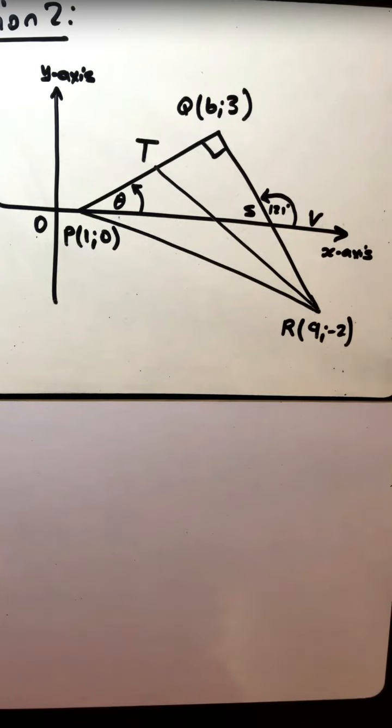So, without any waste of time, I'm just going to quickly read through the given statement, and then from there, try to do a bit of an interpretation, and most importantly, show you how to answer questions in relation to the diagram.